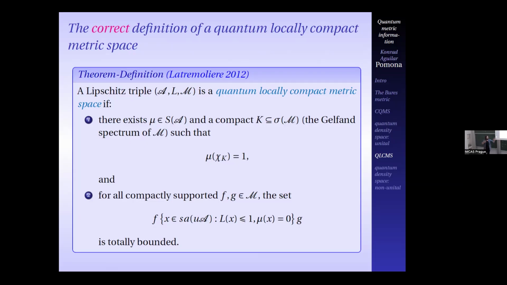It's going to get enough of that to hopefully get things that are totally bounded. And here, you can't hope in general for this set to be compact without the F and G, but you can take cut downs and require that. So again, really informally, this allows you to get enough compact sets to get you a quantum locally compact metric space.